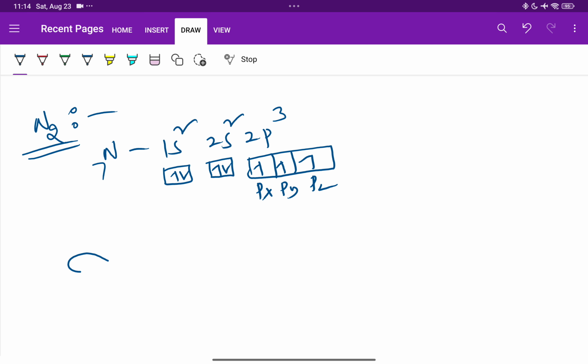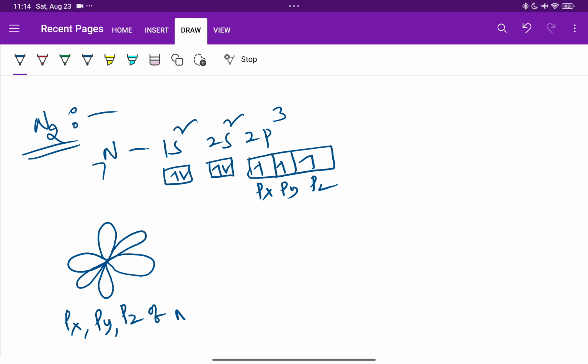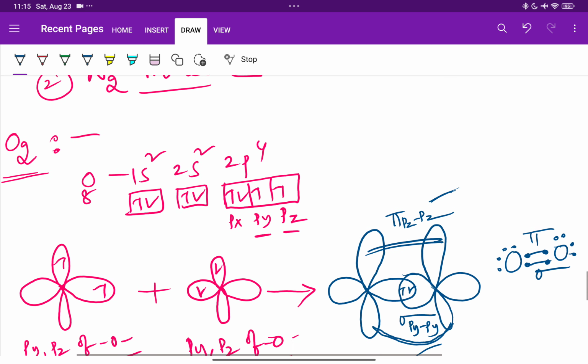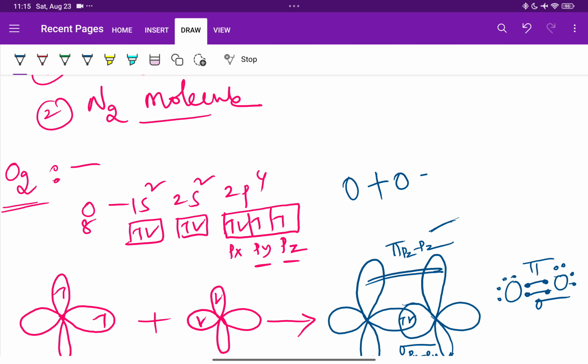So first of all, px, py, pz, you can draw like this, px, py, pz of first nitrogen, because N plus N you will get N2, and in the previous example also O plus O you will get O2.